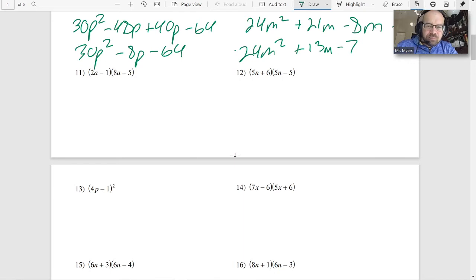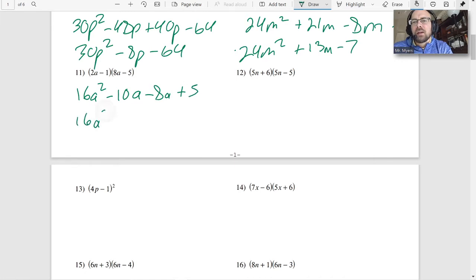Okay, we still got a few more here, so I'm not going to go to the level that I would go if I were to solve it out myself just yet, but we'll continue to build momentum here. Minus 8a plus 5. 16a squared minus 18a plus 5.